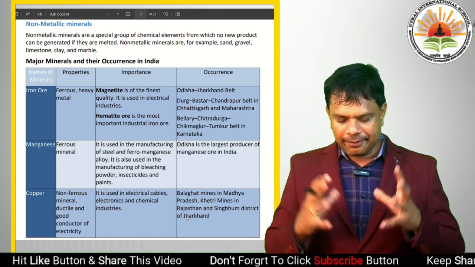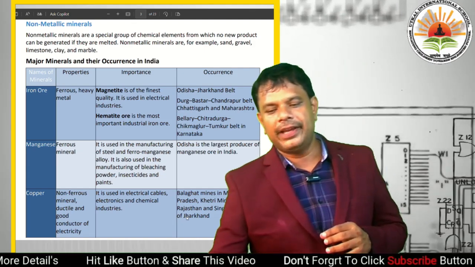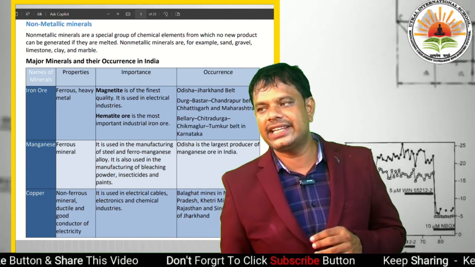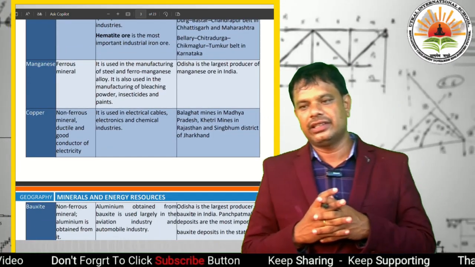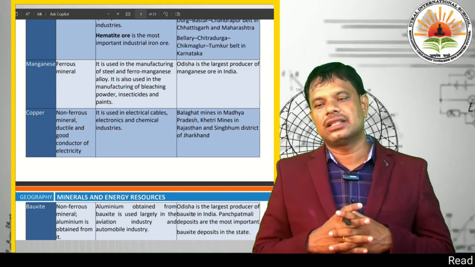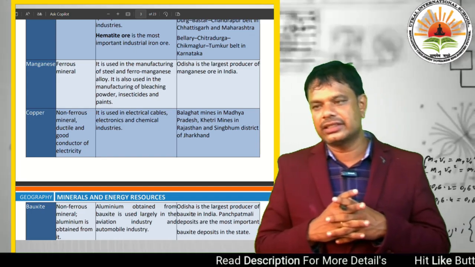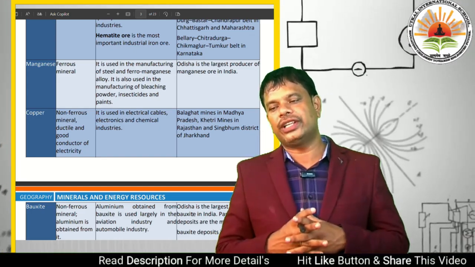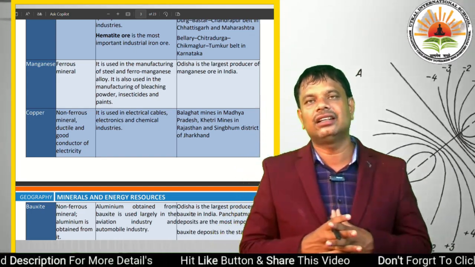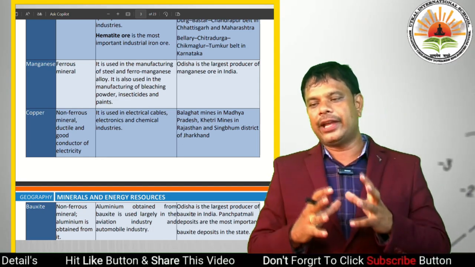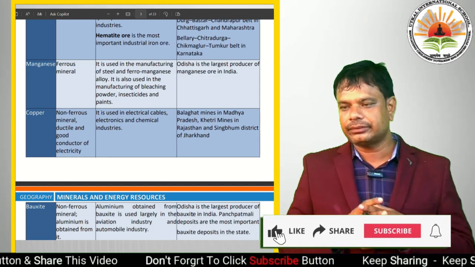Okay, and the next main mineral, dear students, is manganese, and it's also known as a ferrous mineral. Dear students, manganese is used in the manufacturing of steel and ferromanganese alloy.